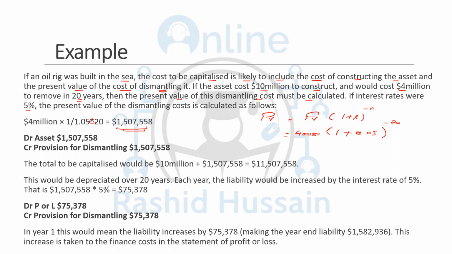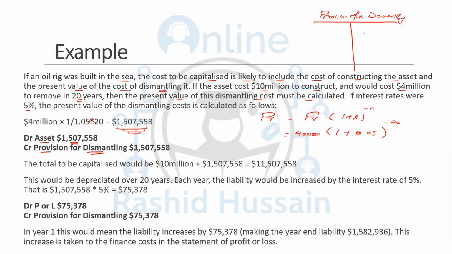The future value of the obligation is 40 lakh, but we cannot record that figure right now because it would be misleading. So what you're going to do is take the present value of that obligation, debit the asset with the present value of 15 lakh 7,558, and the credit entry goes to the provision for dismantling. This is at the start of the year. Now you're going to make an account which is the provision for dismantling. This is very important, that's why I'm making an account for it.